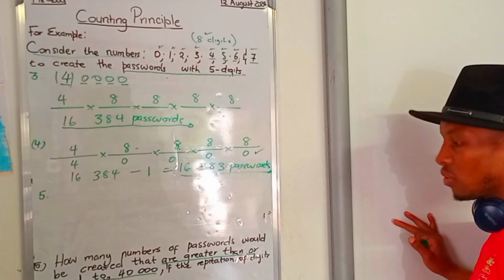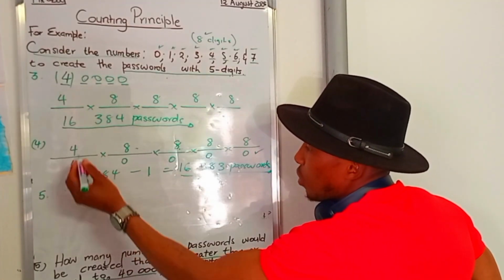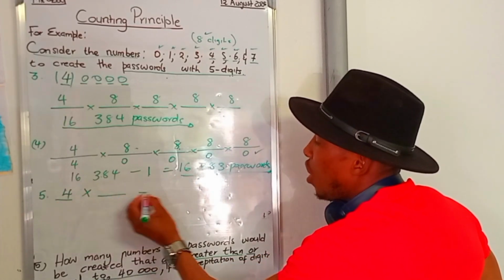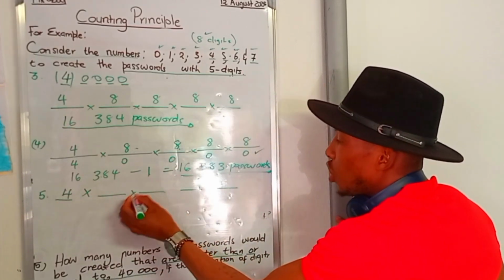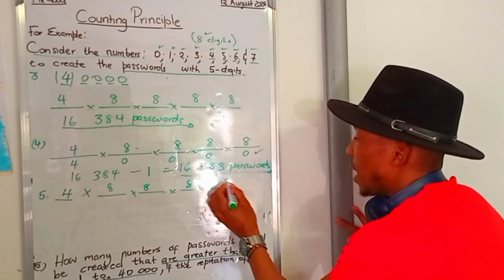Therefore, what you're going to do now is say that the number of codes is going to be 4 times 8 times 8 times 8 times 8. You draw 4, we have 4, then 8, 8, 8 and 8.